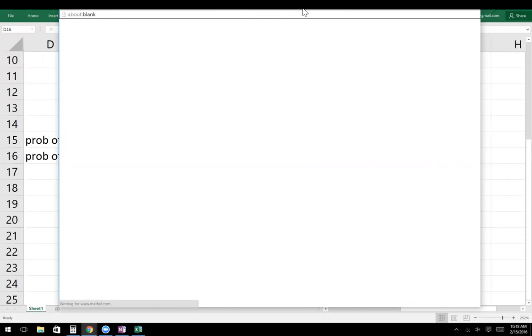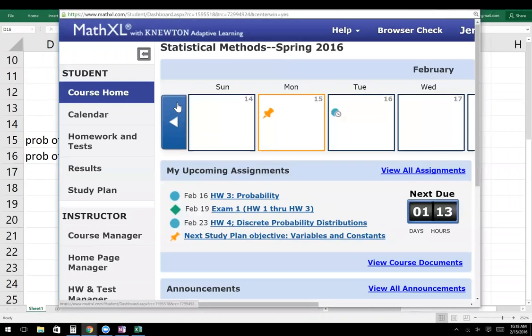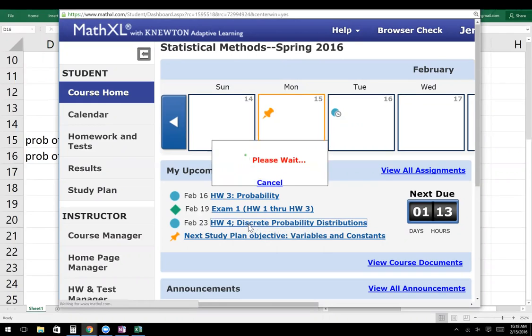Hopefully the internet works today. Okay, try again. Okay, there we are. Statistical methods. Homework and tests. Well, we want to go to 4.